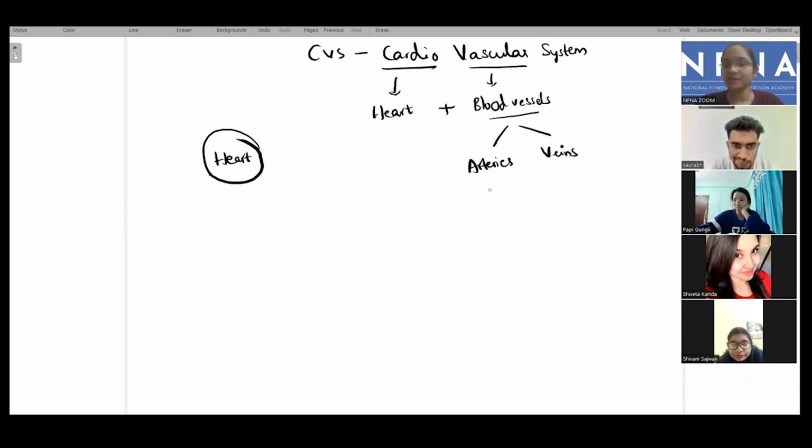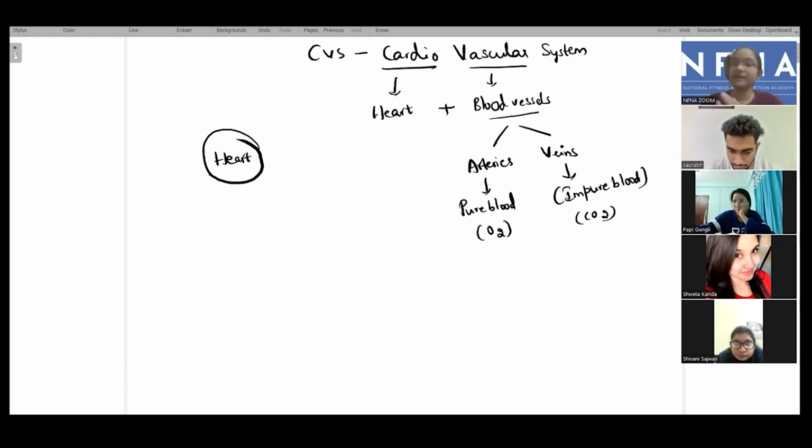Arteries, they carry pure blood. Pure blood means oxygenated blood. That means they have oxygen in it. Veins, they carry impure blood. That means deoxygenated blood.